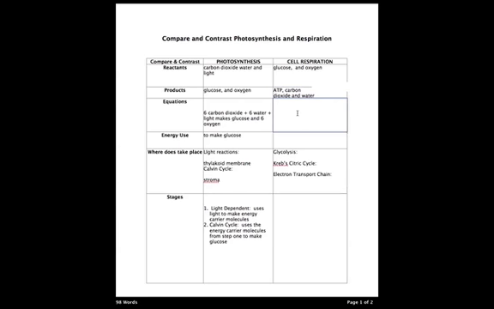So now let's take a look at our formula or our equation.